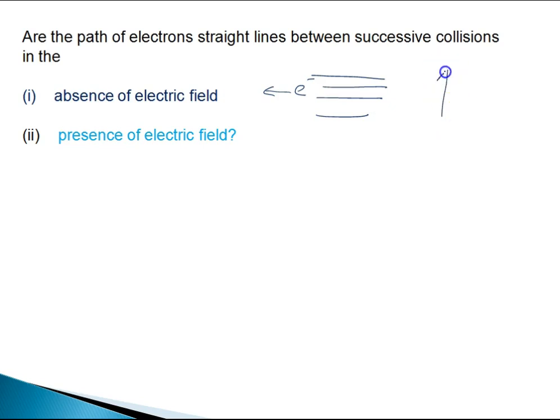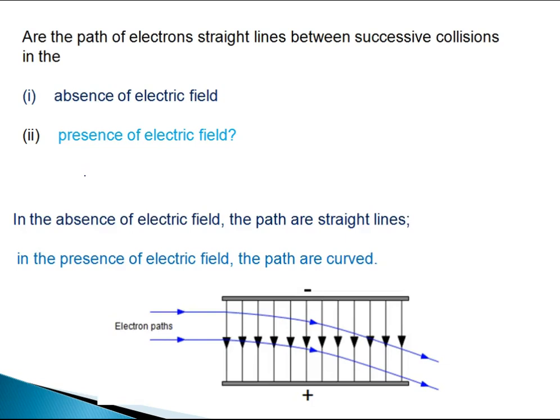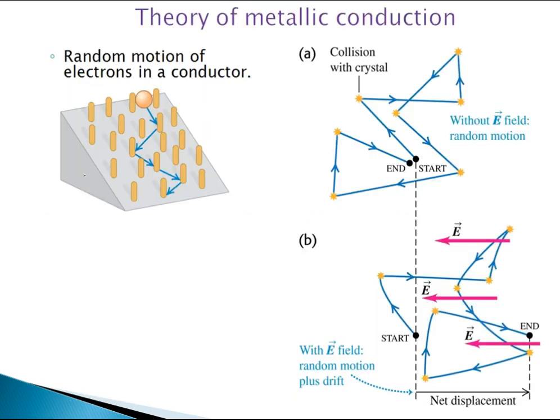And if this is the electric field, we have discussed there, and the electron enters perpendicular or at any angle, the path will be parabolic or curved. But here you are supposed to say, in the absence of electric field, we will assume the path is a straight line, but in the presence of electric field, we will assume the path is curved. Like I have shown here, in the left topmost diagram, this is the collision when there is no supply, straight line path.